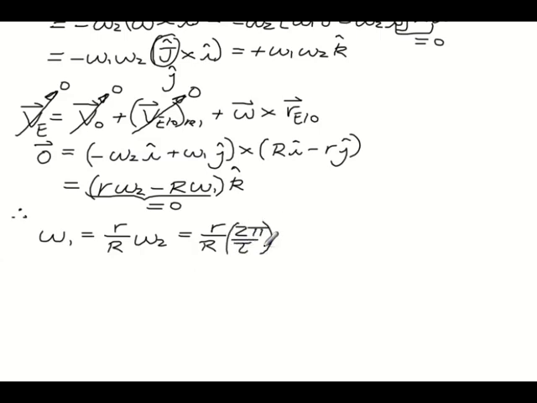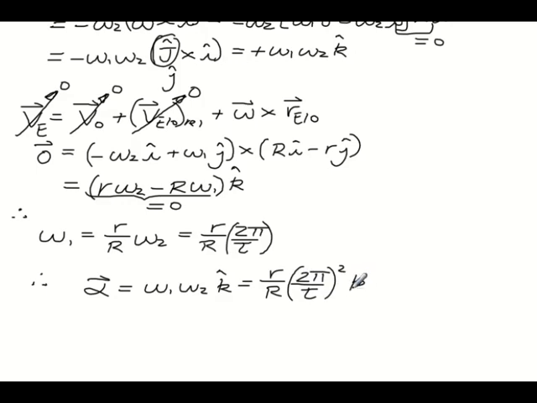So that's what we get. Therefore, alpha, which we saw was omega 1 omega 2 k, is small r over big R times 2 pi over tau times omega 2, which is 2 pi over tau, so that's squared, k. So that's the angular acceleration of our disk.